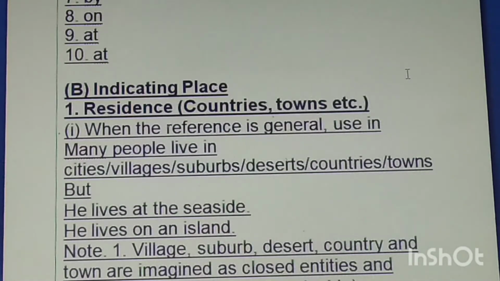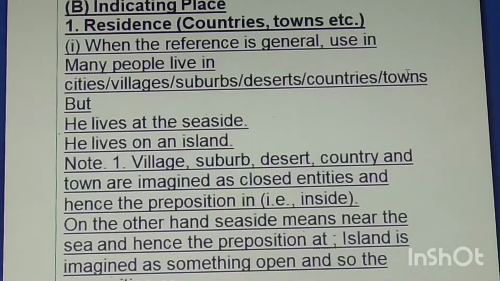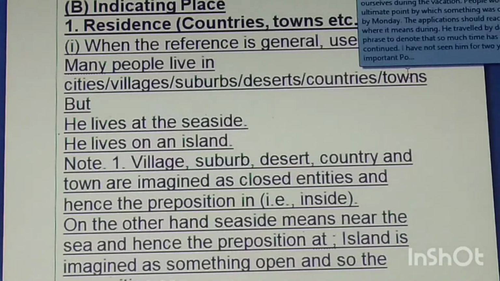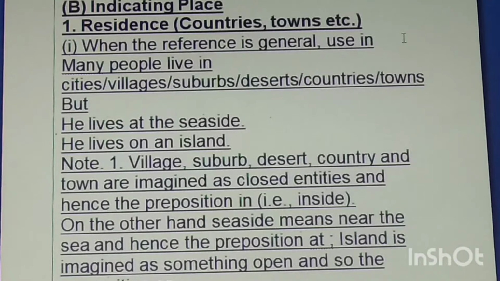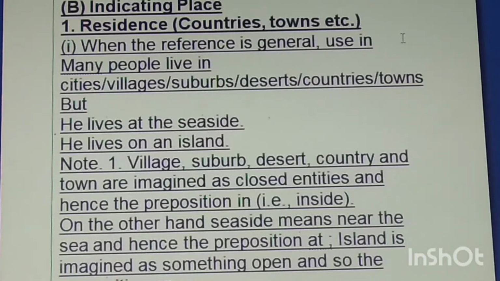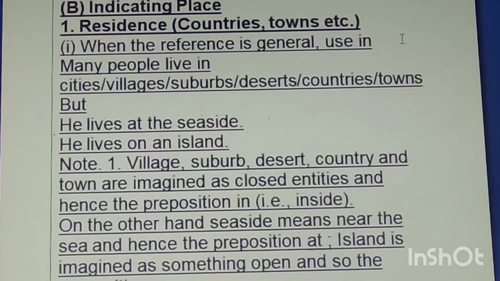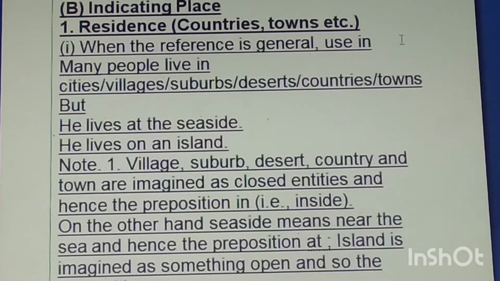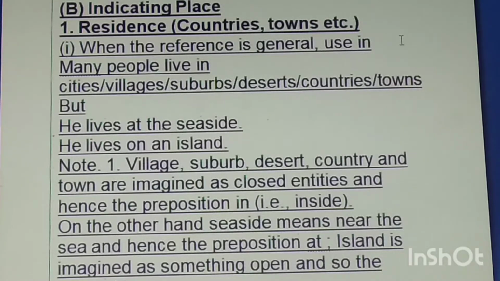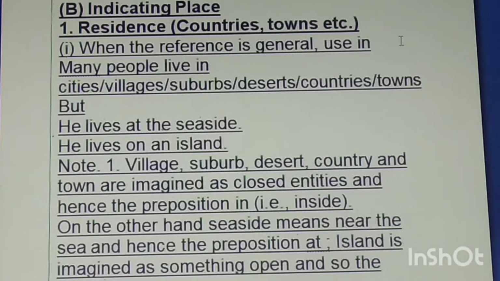B, indicating place. Residence, that's countries, towns, etc. When the reference is general, use in. Many people live in cities, villages, suburbs, deserts, etc. He lives at the seaside, he lives on an island.